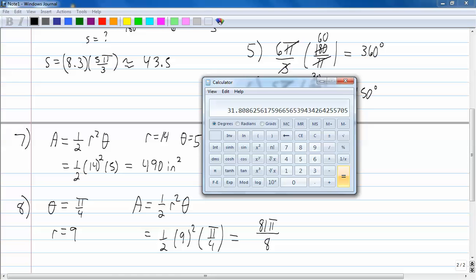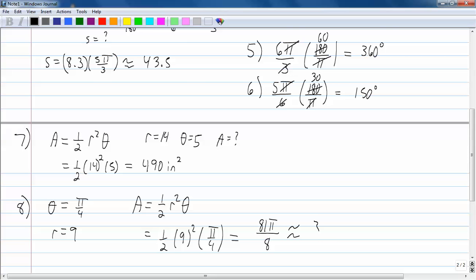Alright, so if we round to 3 decimal places, it's going to be 31.809. And that was in feet, so that's square feet on that problem.